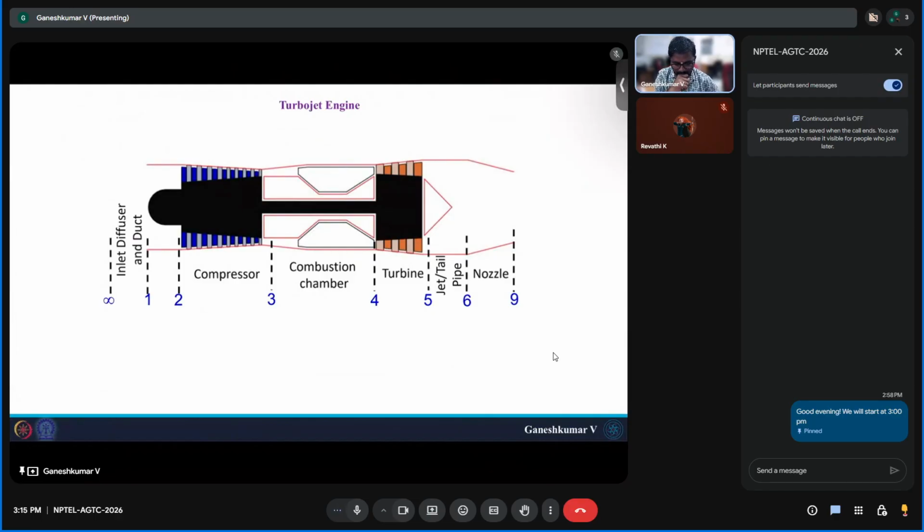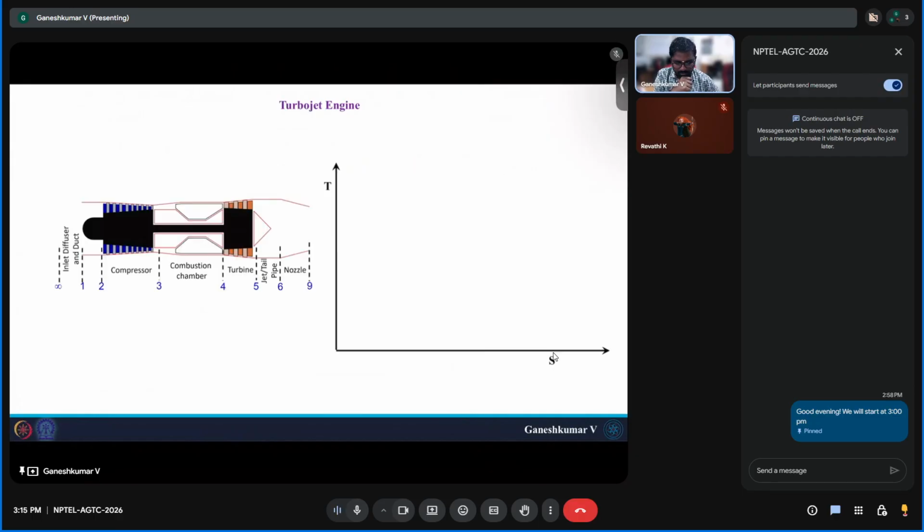So this is a simple turbojet engine. I took this from a professor's presentation. I just want to show each and every component's TS diagram. Initially there is an inlet, and the red color is the actual process, while the black is the ideal process.